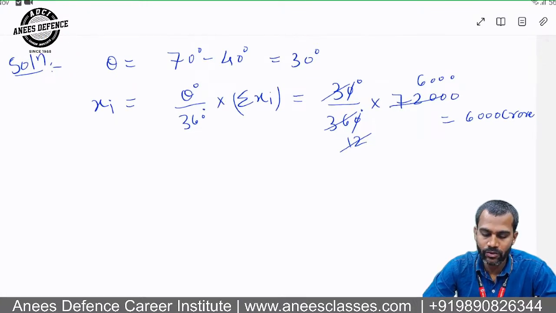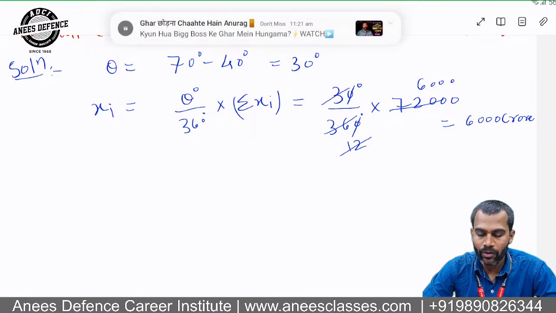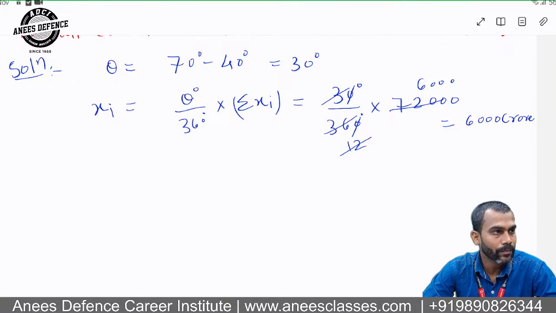We'll take some more questions and then we'll cover median and mode today, finishing the measures of central tendency. Tomorrow we'll cover measures of dispersion, 2 days, and Saturday we have to cover correlation and regression. And Sunday we'll solve PYQs.